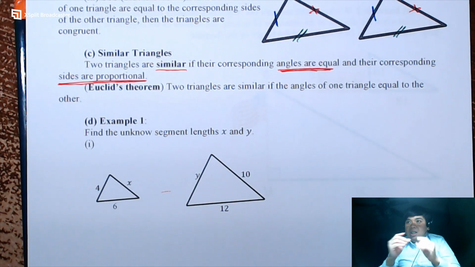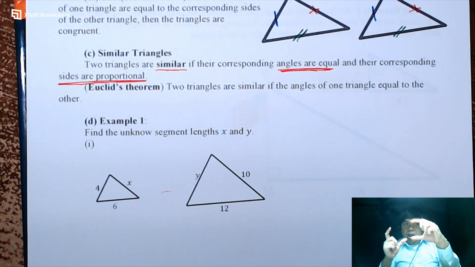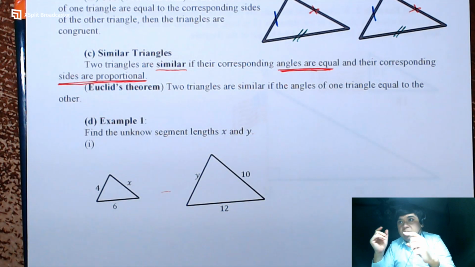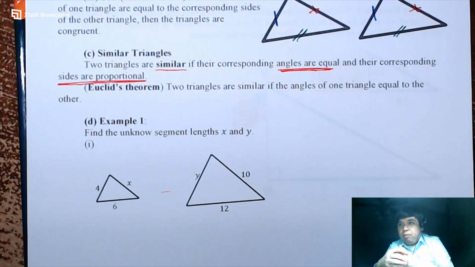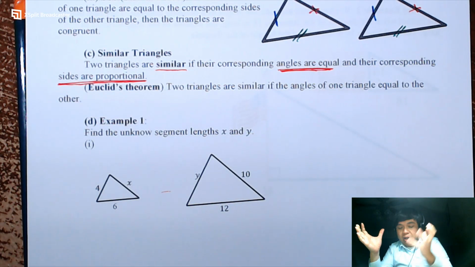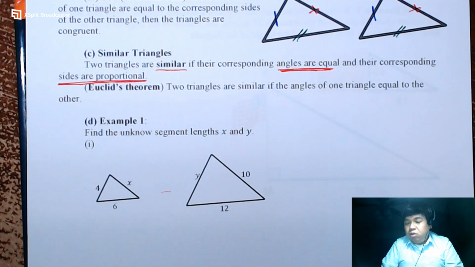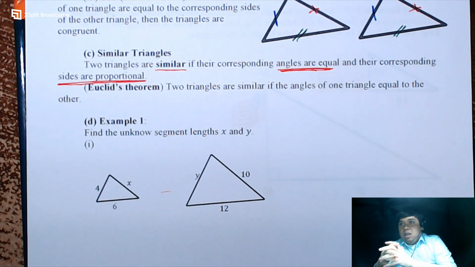Let's say the distance from Dallas to Houston on the map is this much, compared to the actual distance in real life of about 250 miles. But the shape of the state of Texas on the map is the same as the shape of the state of Texas in real life. Except in real life, on the earth, it's a spherical shape, so that's different. But you get the idea.